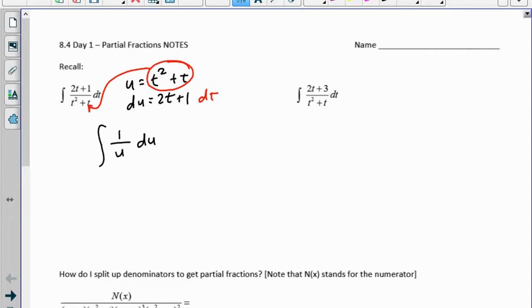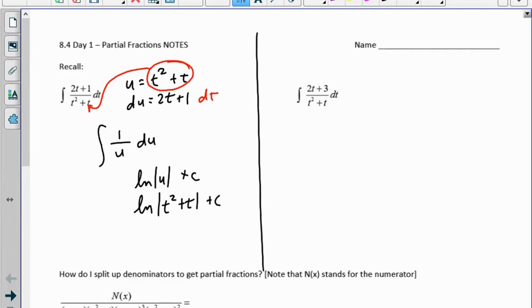So I have 1 over u du. I integrate that. I get the natural log of u plus c, which is the natural log of t squared plus t plus c. So that's something that we've learned before.